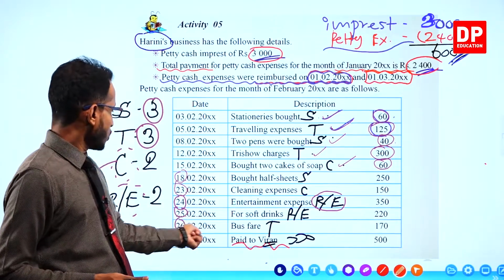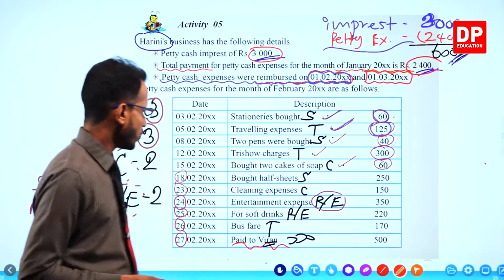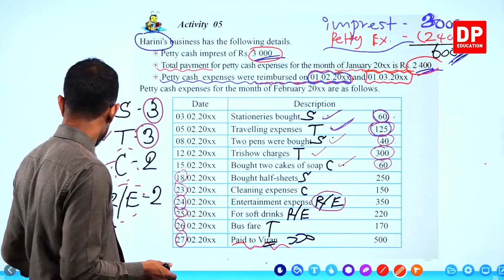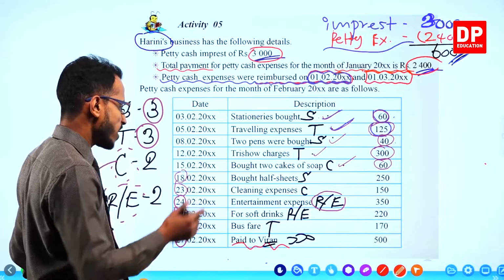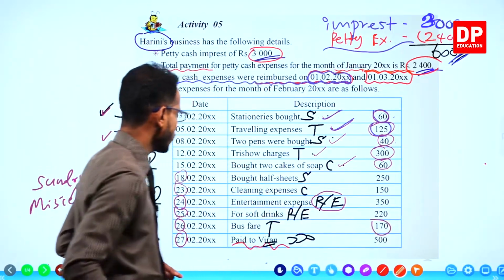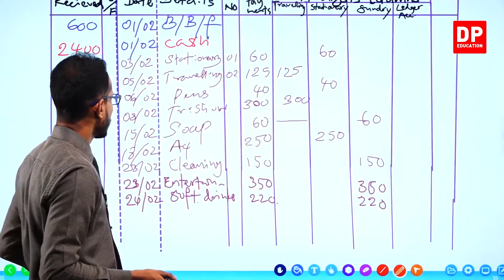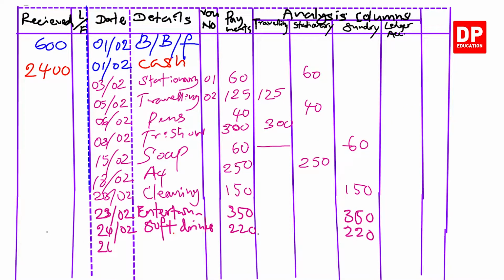Let's take the bus fare. It should go to transport or traveling. 26th bus fare 170. Then the relevant column is the traveling column, 170.